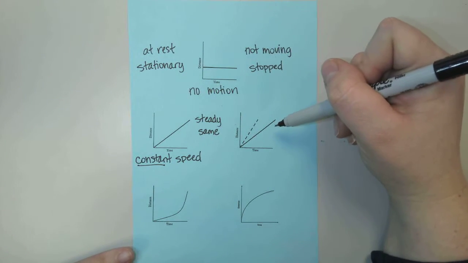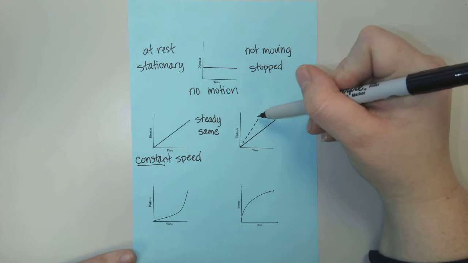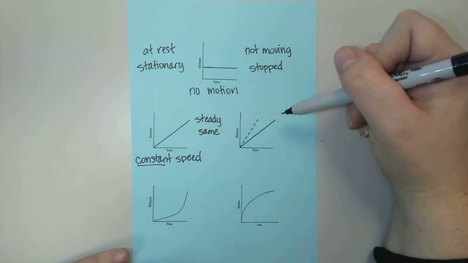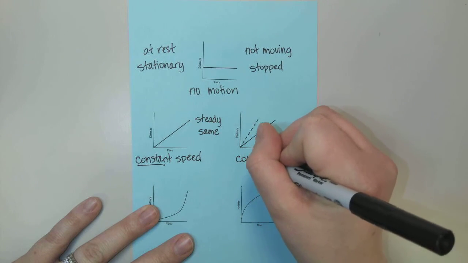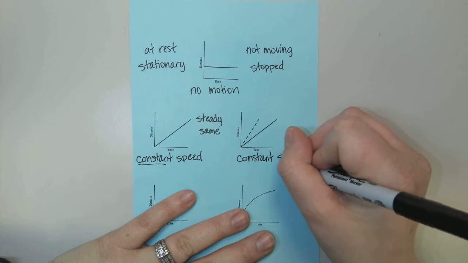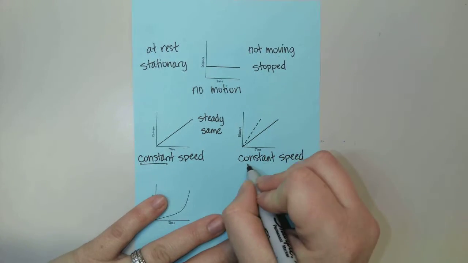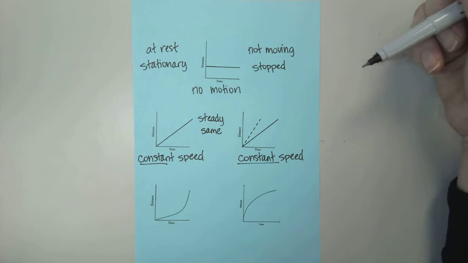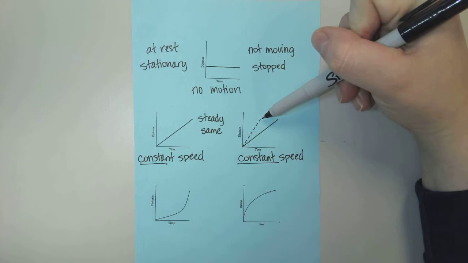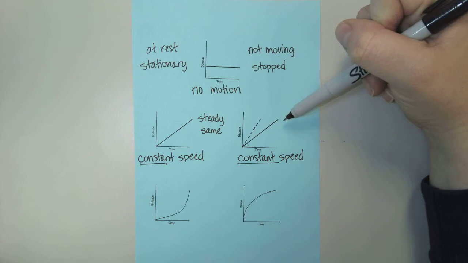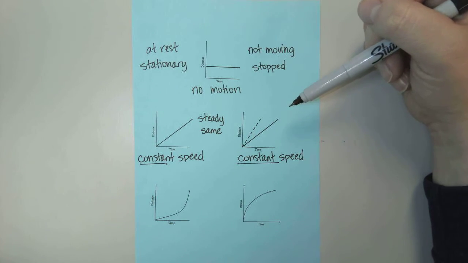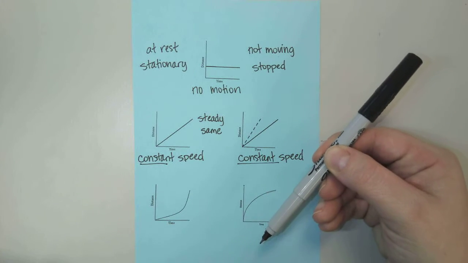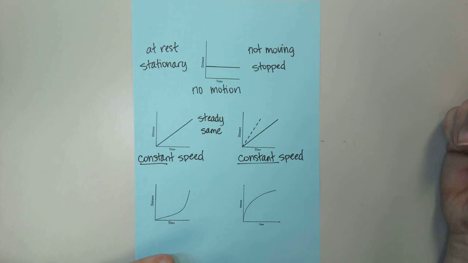Now, if you look at the graph just to the right of that, you see two different lines, a dotted line and a solid line. They're both still straight diagonal lines, so we're still talking about constant speed, meaning the same or steady, but we can tell, just based on the line, which object was moving faster. Say this was car A and this was car B, and we were tracking both of their distances over a certain amount of time. The steeper the slope, or the more up and down the line, the faster the object is moving.